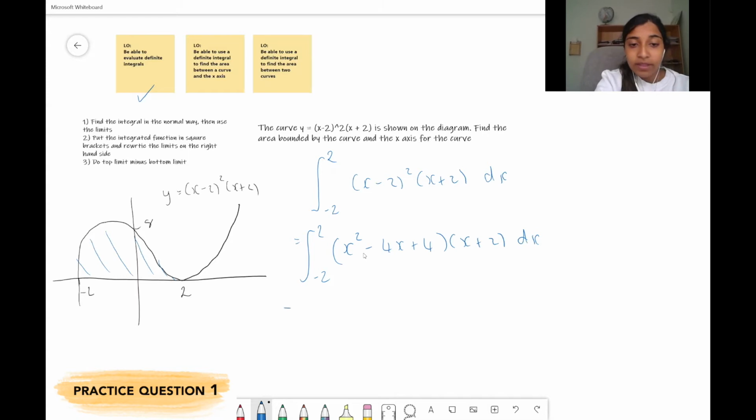And then we can further expand this out, so we'd get the integral between 2 and minus 2 of x cubed, x squared times 2 plus 2x squared, minus 4x times x, so minus 4x squared, minus 4x times 2, that's minus 8x, 4 times x plus 4x, and then 4 times 2 is plus 8 dx.